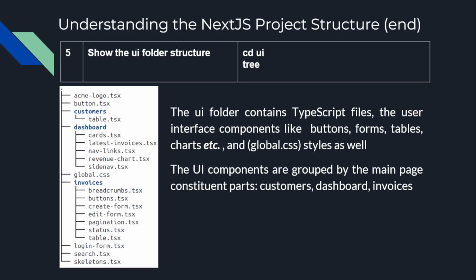The user interface components are grouped by the main page constituent parts. If you remember, our main page contains a dashboard, it refers to invoices, and it refers to customers, and contains a navbar as well, I guess, if I correctly remember the final picture.